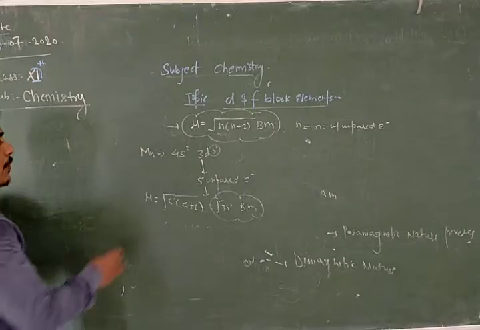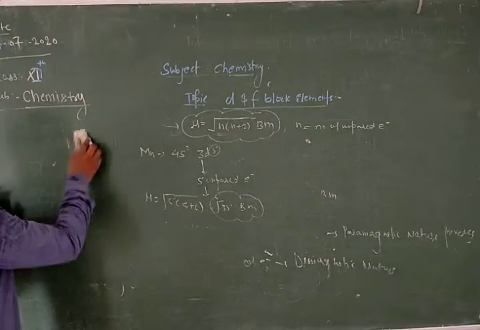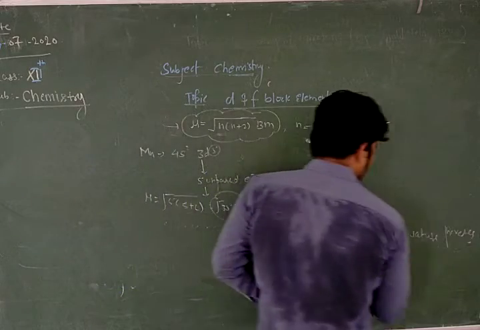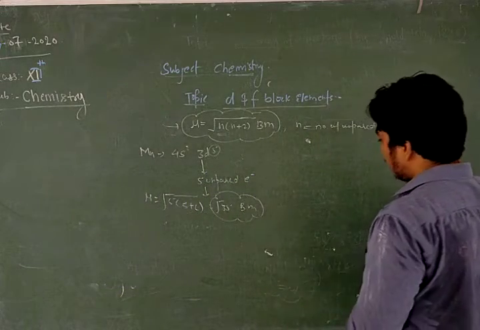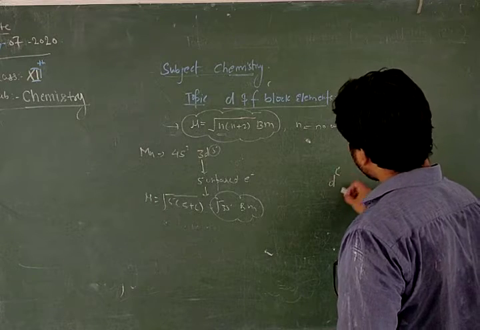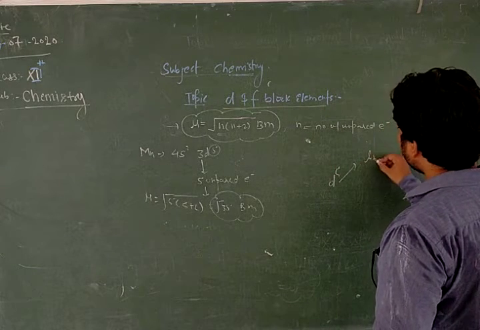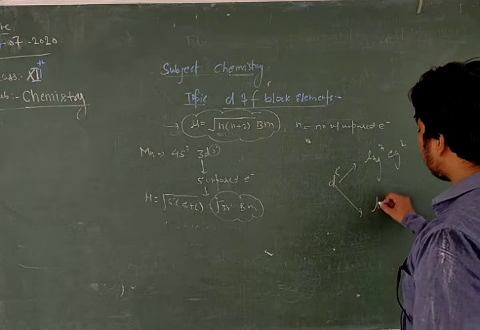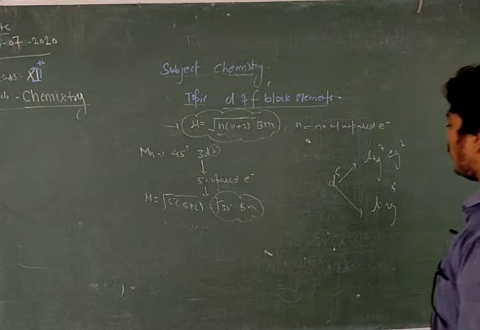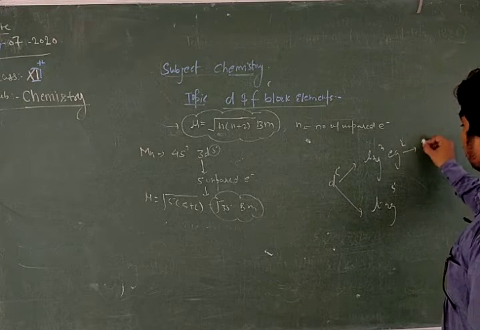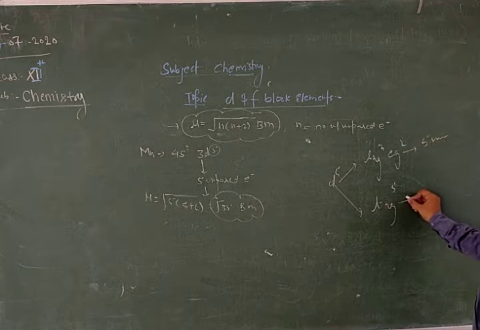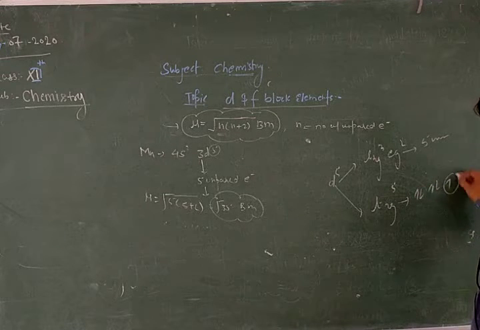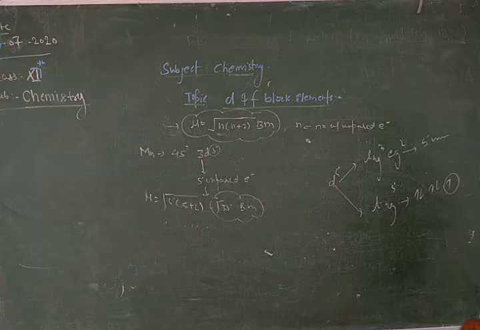So anyone may be confused that, sir, in coordination you showed me d5 and d6. d5 may be t2g3 eg2, or d5 may be t2g5, and in this condition there is 1 unpaired electron.